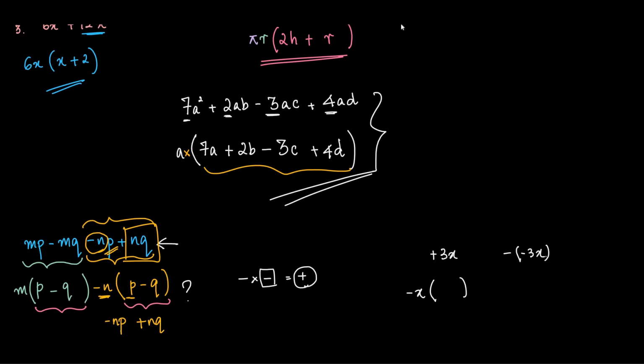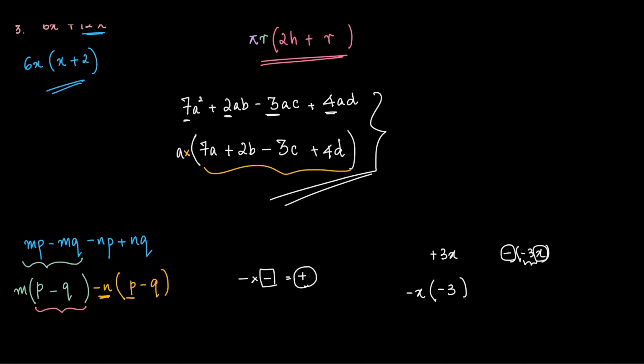And since you took negative x out, so one negative and one x has gone out, what's remaining inside is another negative and a 3. So that's negative 3. And that's the reason that when you factor out a negative n from a positive nq, you have a negative q inside. You have a new negative sign inside to counteract the negative sign that you took out, which was never there in the first place, so that when you expand it back again, negative n times negative q will give you positive nq.